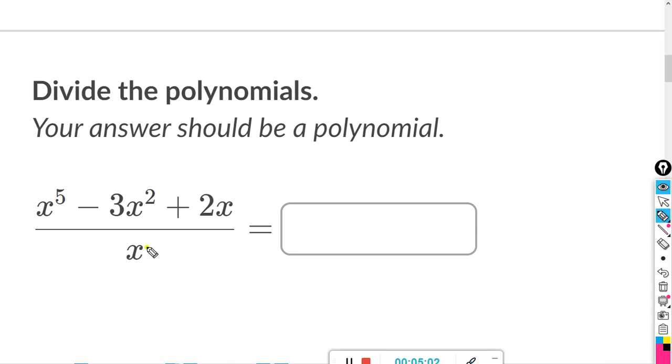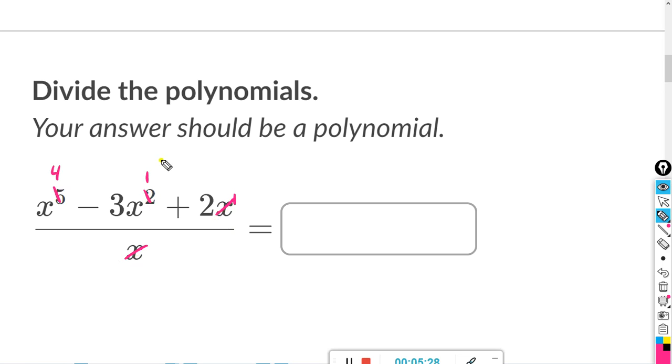All right, one more. All of these are divided by x, okay? So just cut the exponent on each one by 1 unit. So x to the 5th, 5 minus 1, that's a 4. 2 minus 1, that's a 1. This is x to the 1st. X divided by x is just 1, which is the same as x to the 0, so you can just cancel that x, all right?